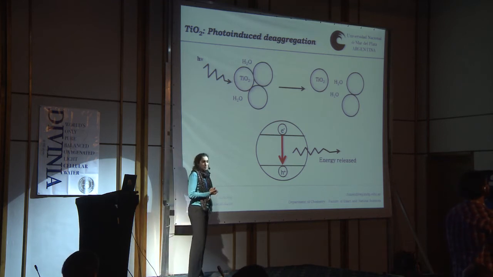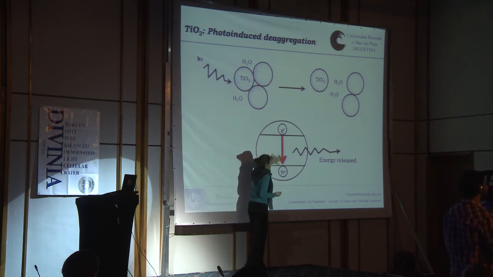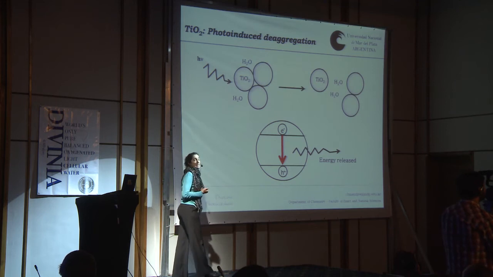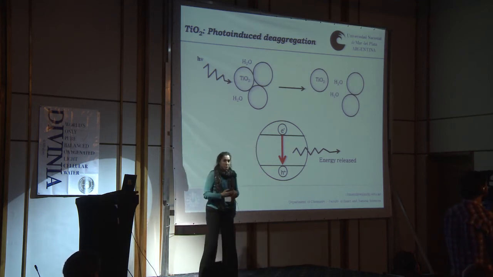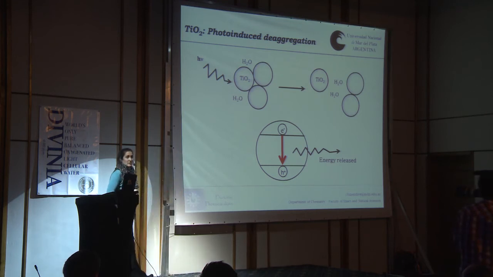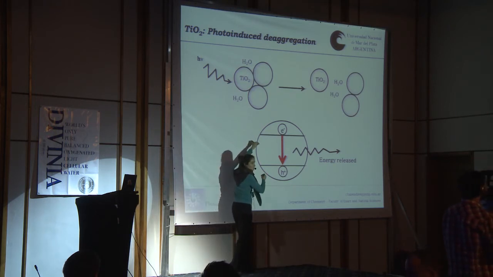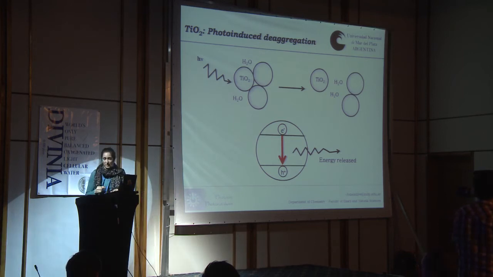But what's the reason for this? And that's a big question. At the beginning, we thought that it had to be related only to the energy released when there's an electron-hole recombination, because this is a process that happens the most. This is an undesired process for photocatalysis. One wants these two species to really react, and not recombine, but they recombine a lot.